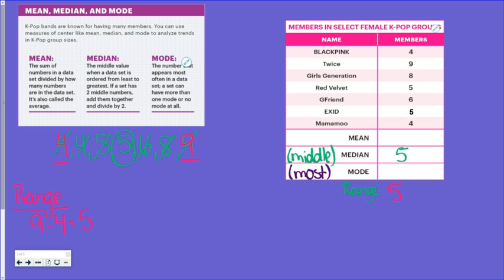Which value here do we have the most? I see we have 2 4s, and then we also have 2 5s. So just like our warm-up, for our mode we have 2 of them, 4 and 5.